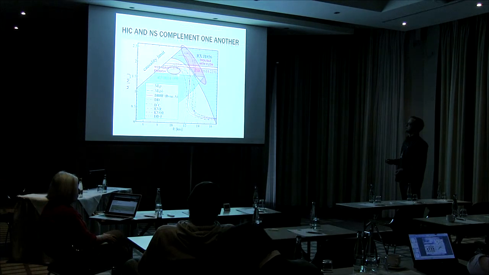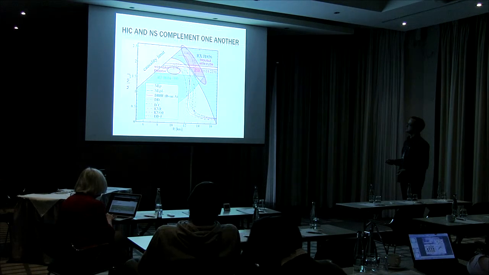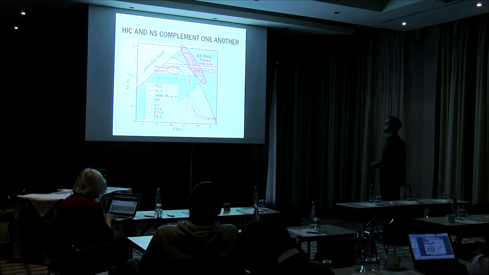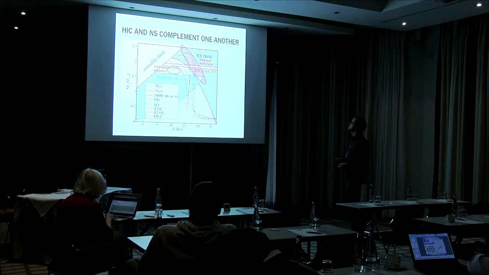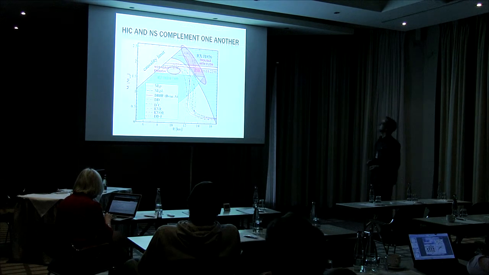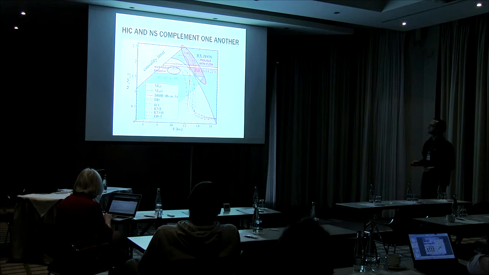The flow constraint wouldn't have any trouble to live with these equations of state. However, there are some equations of state which have no trouble at all to describe these high masses. However, here the flow constraint says it's too stiff. So that's really a link between heavy ion collisions and neutron stars which I like and which needs to be elaborated over the next years. In particular, the flow constraint, most likely not by me, but whoever wants to look into that, would be really welcome.